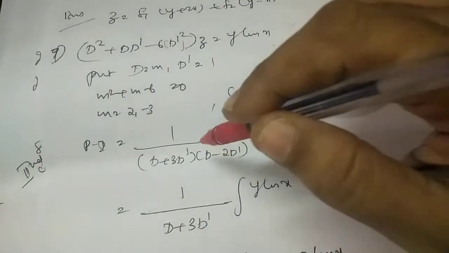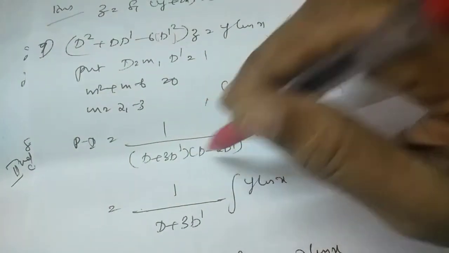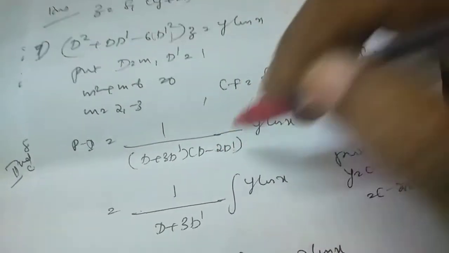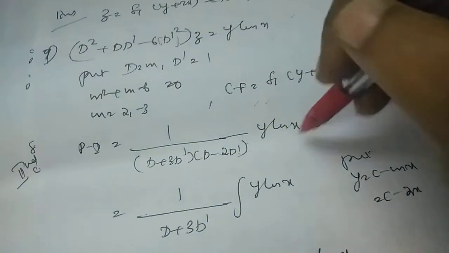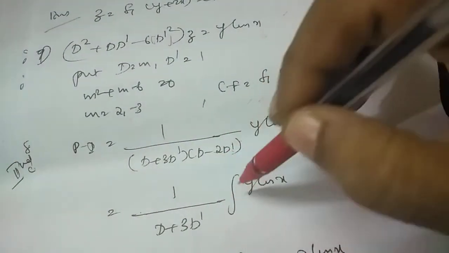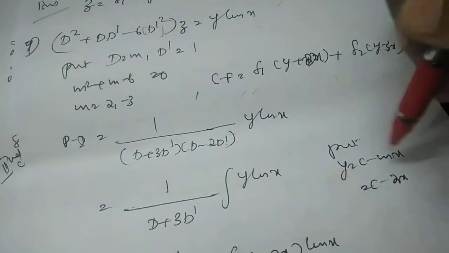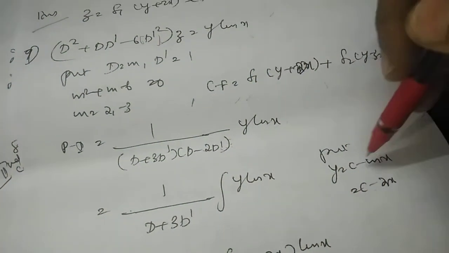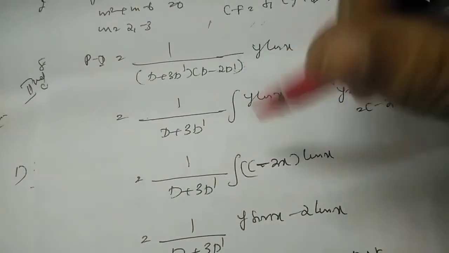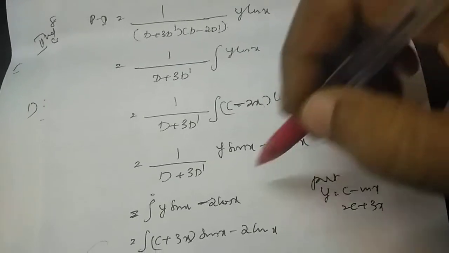Now calculate the particular integral: 1 by (D plus 3D') (D minus 2D') of y cos x. Using y equal to c minus mx, where m equal to 2, and substituting here and integrating, you will get y sin x minus 2 cos x.